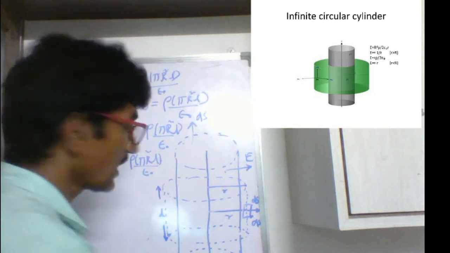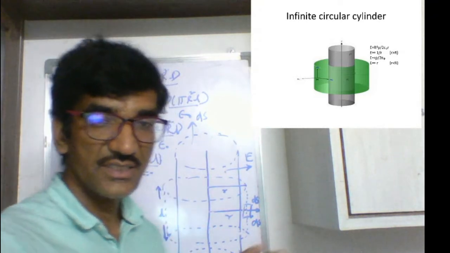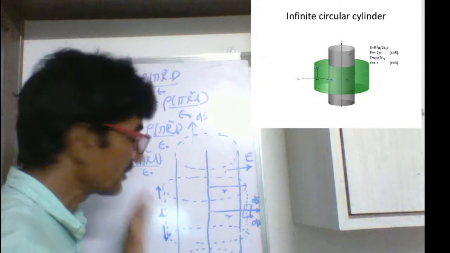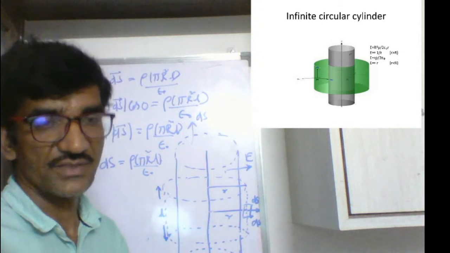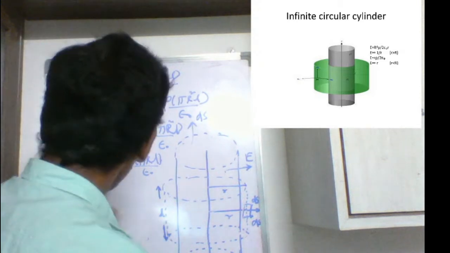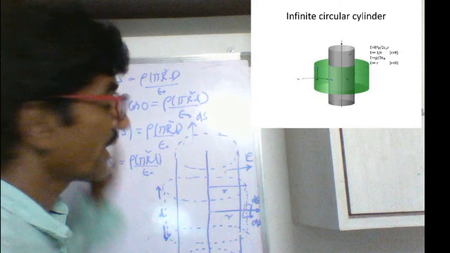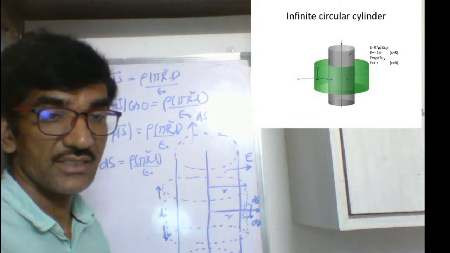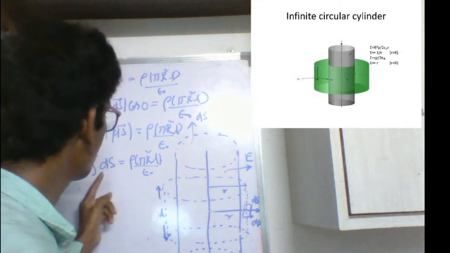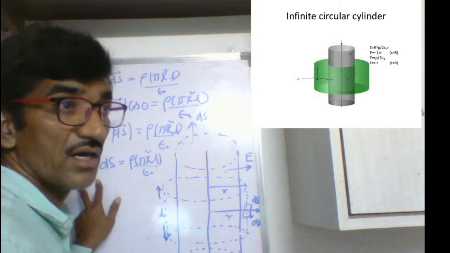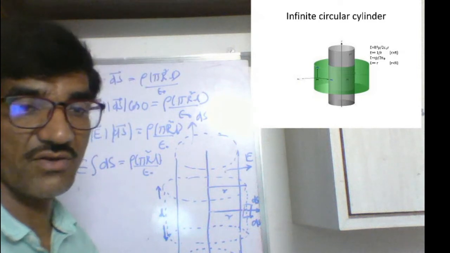Now what is this integral of ds? The LHS integral gives the flux through the Gaussian surface, and we divided it into three integrals for three surfaces. This integral refers to the lateral surface of the Gaussian surface.